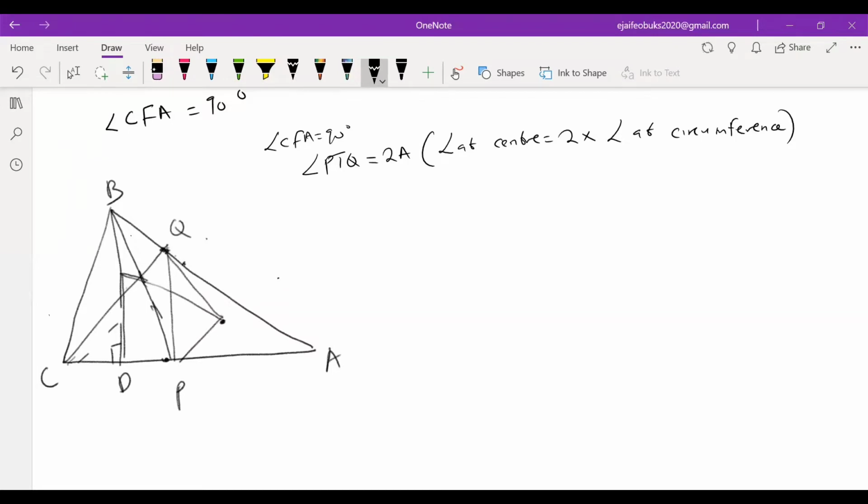Draw this, this was point J, and this was F, this is K. We're trying to prove that angle CFA is 90 degrees, so we're trying to show that this is 90, that is the thing.